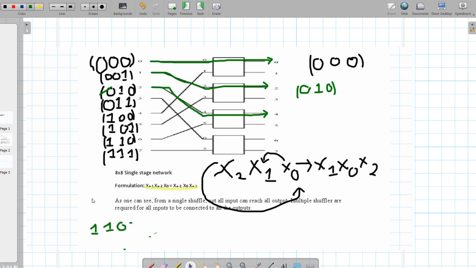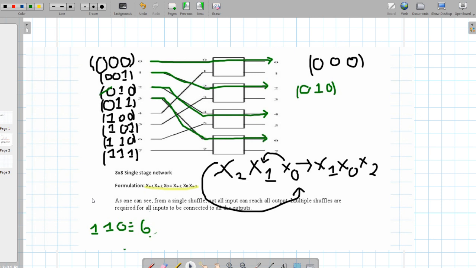That is equivalent to 6. So in the diagram you can see that processor 3 has been directly connected with processor 6.